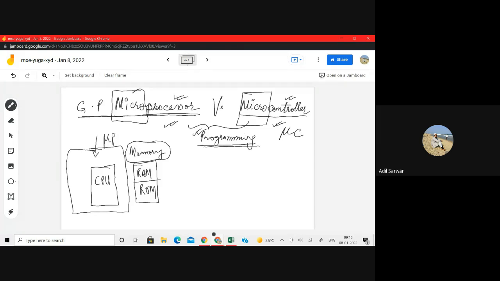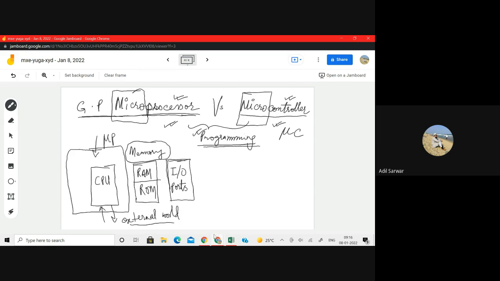Then we need to give signals to the external world or take signals from the external world to the CPU so that it does the programming. After programming it sends a signal. So there needs to be some interface between the CPU and the external world. This is done with the help of the IO ports, input output ports.